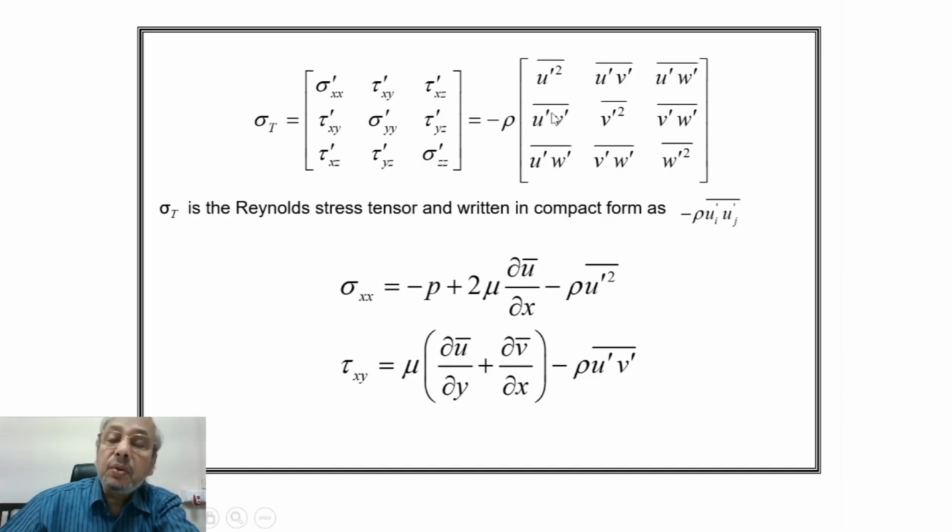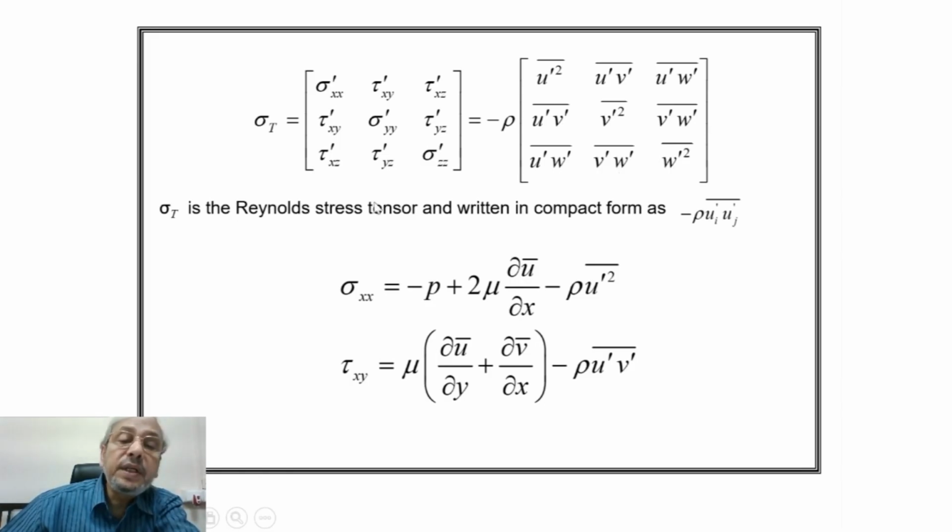Similarly, the contribution from the y momentum equation will be u prime v prime bar, v prime square bar, v prime w prime bar, and the z direction momentum equation will give u prime w prime bar, v prime w prime bar, and w prime square bar.